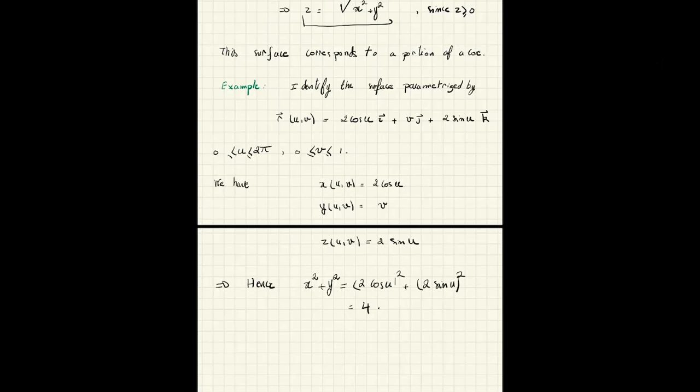So you need to understand what you're doing. So if x squared plus z squared is always 4, what does it mean? It means that when you cut this surface off with a plane that is parallel to the plane, let me see.